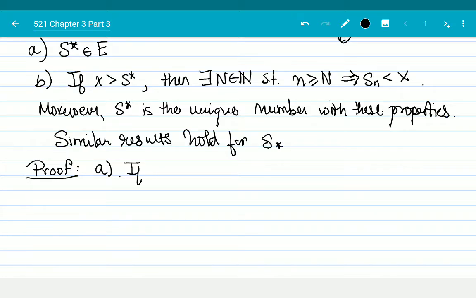If S star is equal to positive infinity, then E is not bounded above.